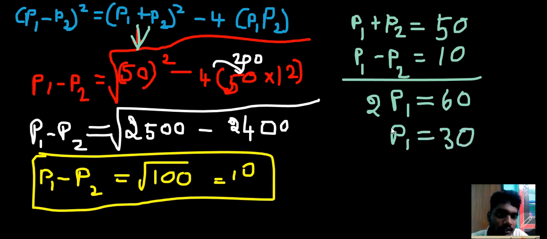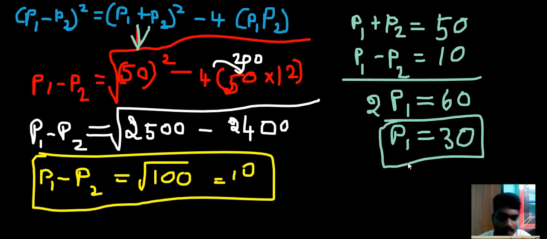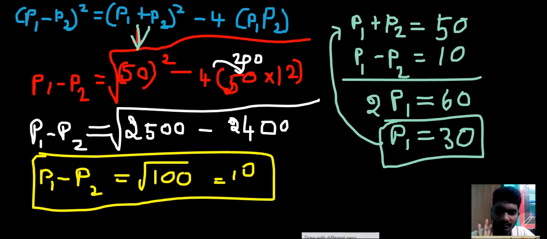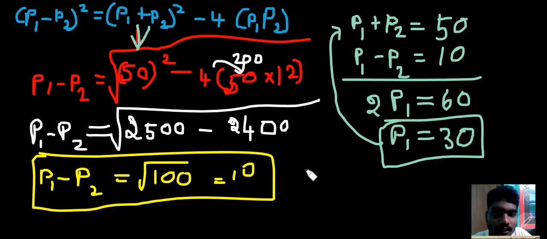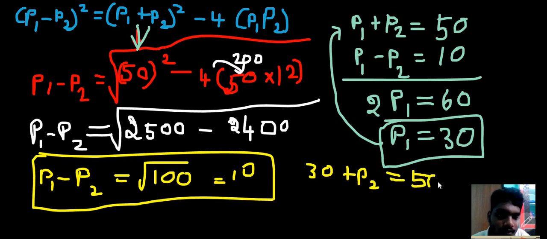The power consumed by the first resistor is 30. Then by substituting this in either one of the two equations, 30 plus p2 is equal to 50. So p2 is equal to 20.